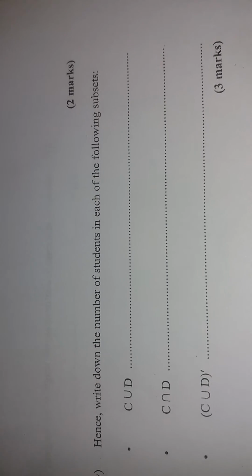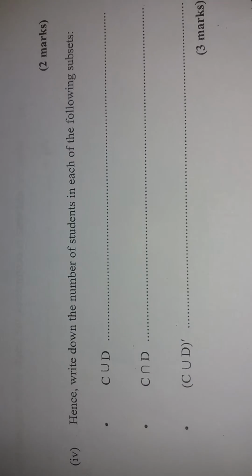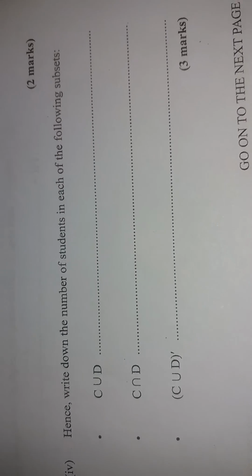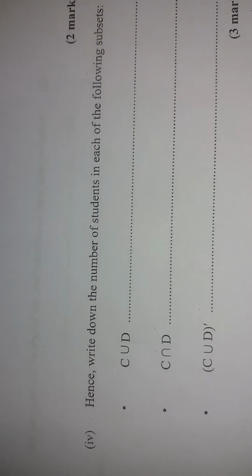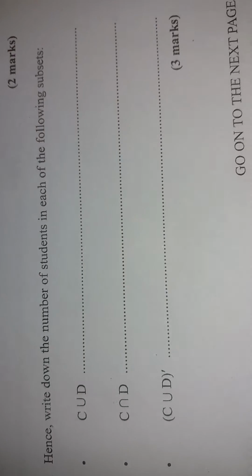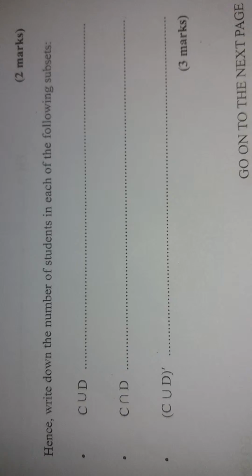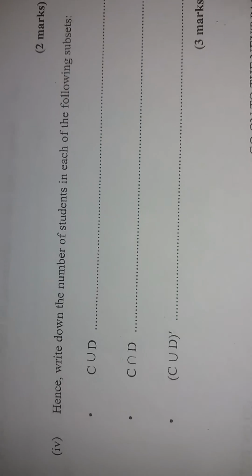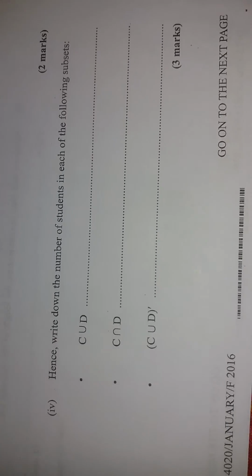Subsets mean a set that comes out of a set. So what is C union D? They said write down the number of. A lot of students may bypass that, so you have to be able to read the questions properly. What is the number of students in C union D?